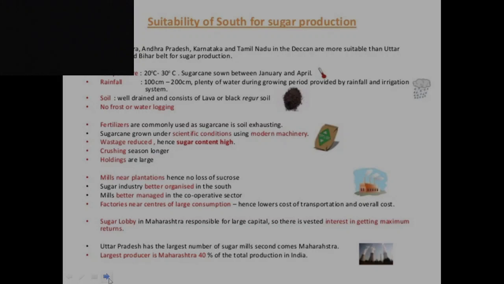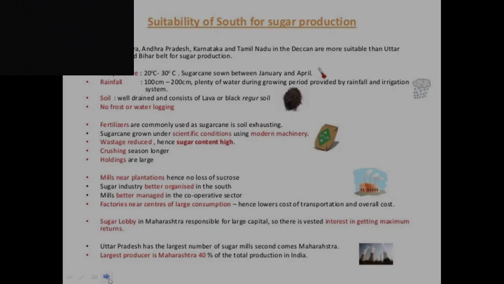Now, what is the reason for the suitability of the South for sugar production? As all of you know, Maharashtra, Andhra Pradesh, Karnataka, Tamil Nadu, the Deccan Plateau area, is more suitable than the UP and Bihar belt for sugar production. What is the reason behind it? First, 20 to 30 degrees Celsius is the ideal temperature, which is found in this area between January to April. And rainfall, as all of you know, is 100 to 200 centimeters.